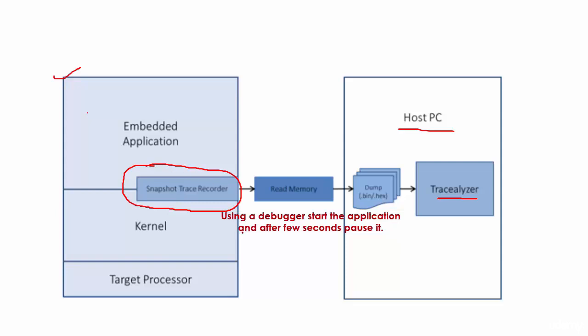After halting, you have to read the memory of your microcontroller, that is the RAM, into a file. We call that memory dumping: you dump the RAM of your microcontroller into a file.